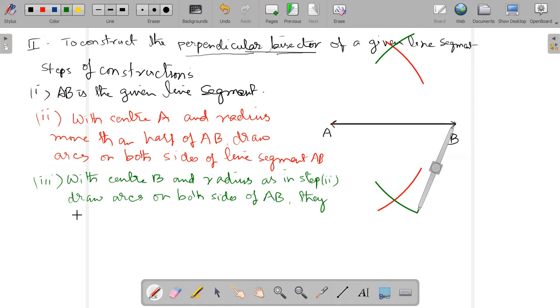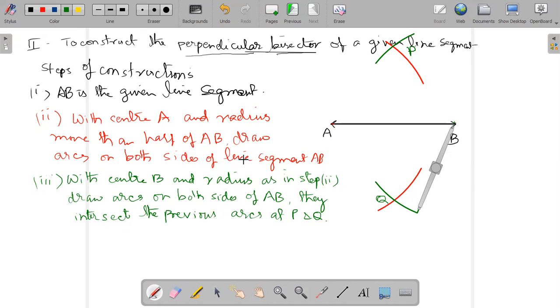These arcs intersect the previous arcs at, now you have to give the points. Suppose this is P and this is Q. So they are intersecting at this point P and this point Q. Okay, intersect at P and Q.